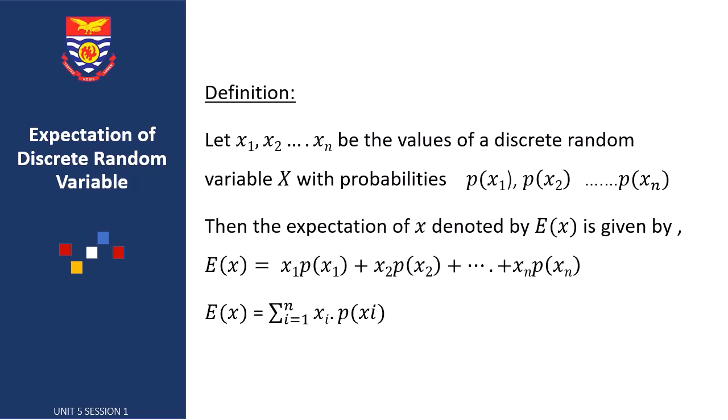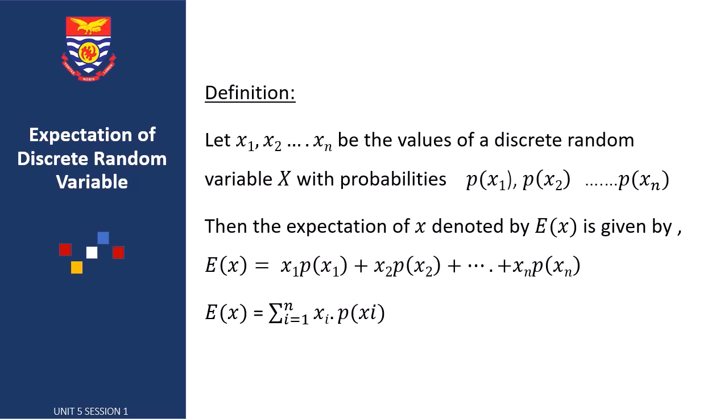The expectation of x, denoted by E of x, is given by E of x equal to x1 multiplied by its corresponding probability P of x1, plus x2 multiplied by P of x2, plus up to xn multiplied by P of xn.